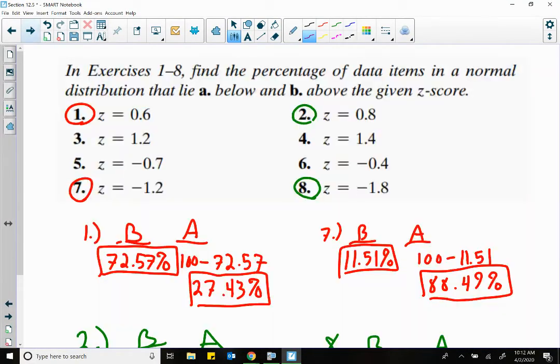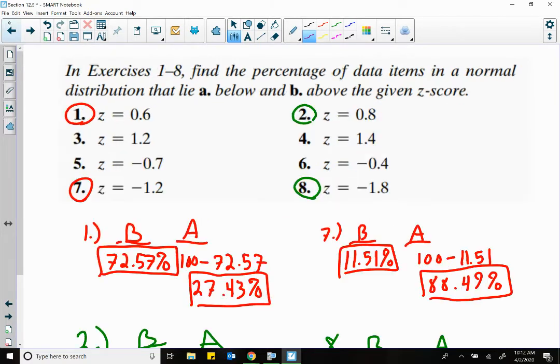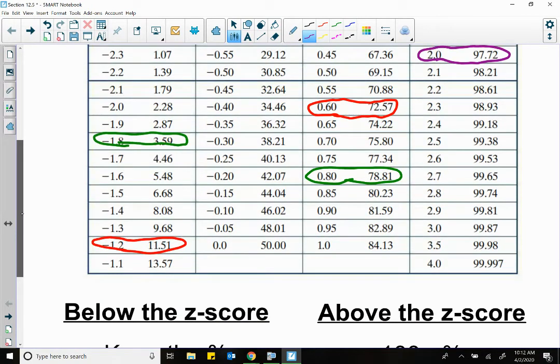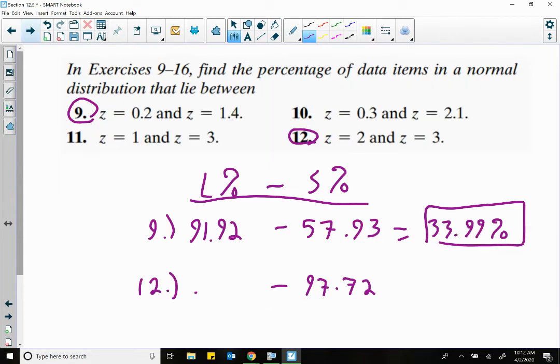So 97.72 minus, scrolling down, a z-score of 3 is 99.87.